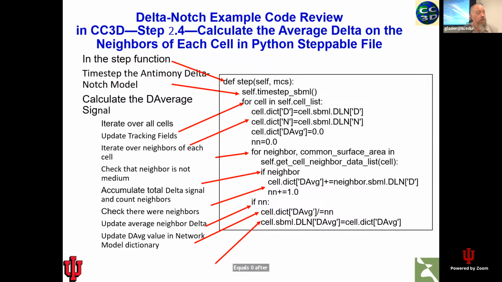And then where you do nn plus equals 1, you'd have to add that common surface area to the total surface area. And then when you update the values of D average, you'd weight by the contact area.